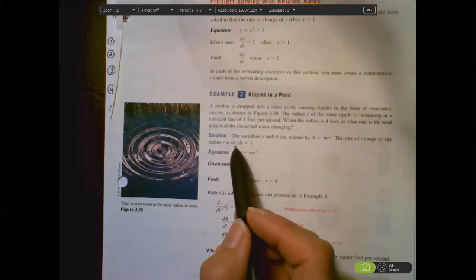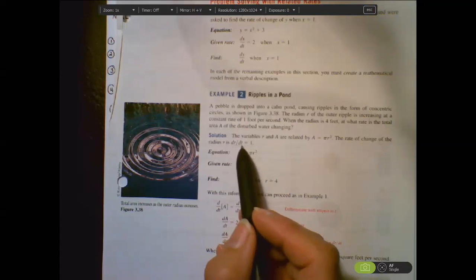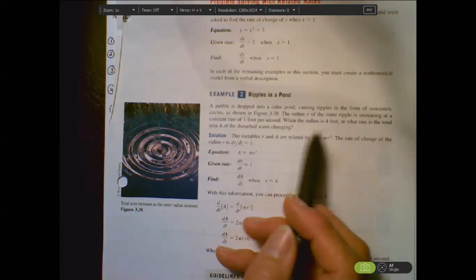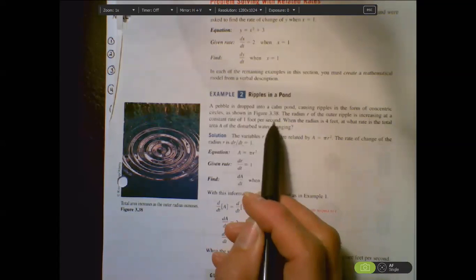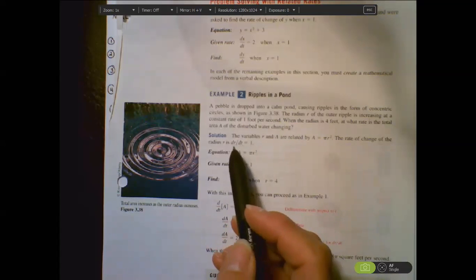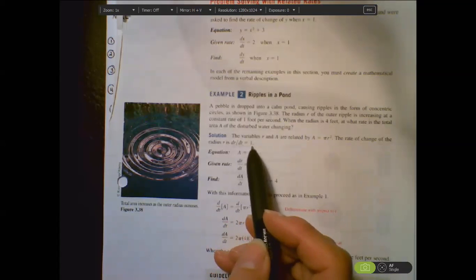Look at this symbol. Would it be like feet per second? Absolutely, because the radius is given to us in feet and the time is given to us in seconds. So that dr over dt is how fast the radius is changing. It's changing at 1 foot per second.